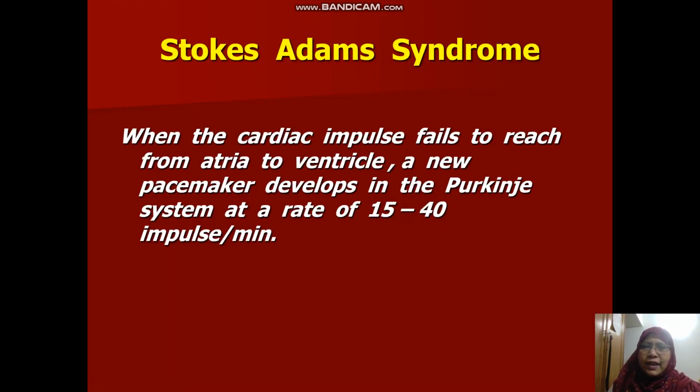Now, Stokes-Adams syndrome. It is a condition that occurs when the conduction of impulse fails from atria to ventricle. Then the ventricular muscle, that is the Purkinje fiber, can generate the impulse at a rate of 15 to 40 impulses per minute.